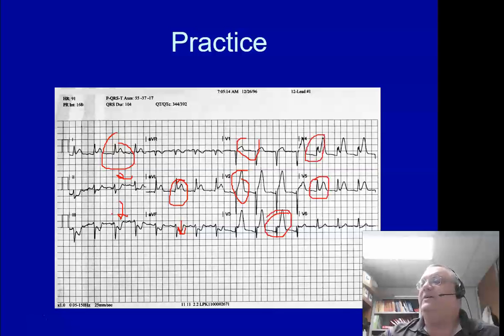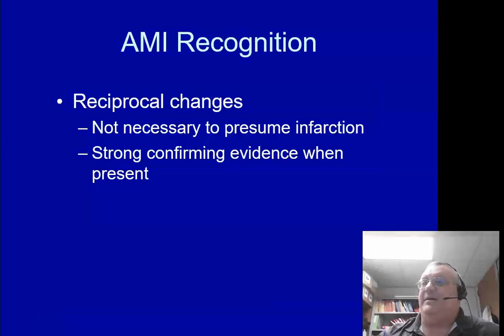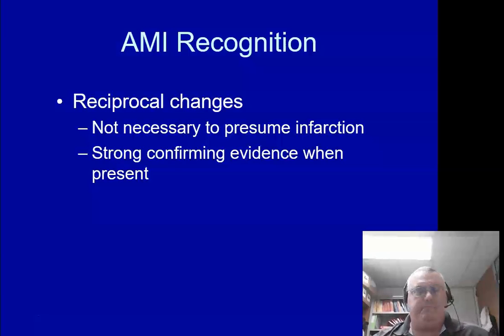Definitely elevation. So I've got confirmatory reciprocal changes along with massive amounts of elevation. Now, you don't have to have those to presume an infarction, but if I'm seeing strong evidence of that, I'm thinking that, hey, we've got a problem. It's strong evidence if you have reciprocal changes.